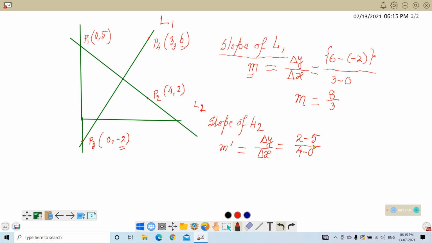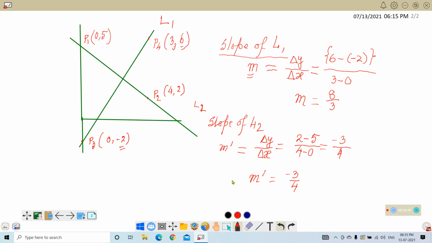Okay. 2 minus 5, 4 minus 0. P2 minus P1. Y2 minus Y1, X2 minus X1. 2 minus 5 means minus 3, and 4 minus 0 is equal to 4. So M prime is equal to minus 3 by 4.